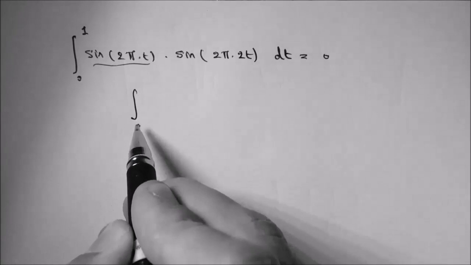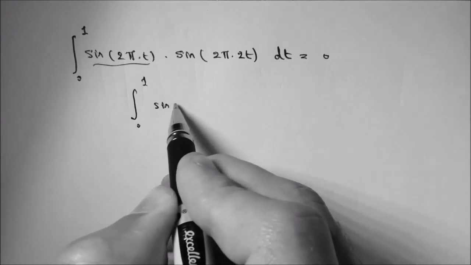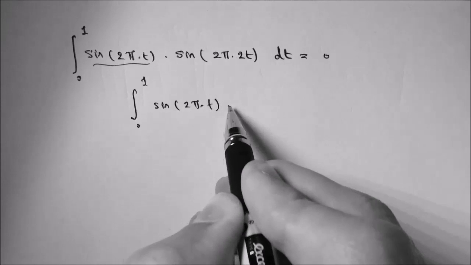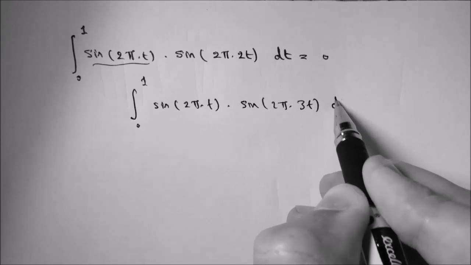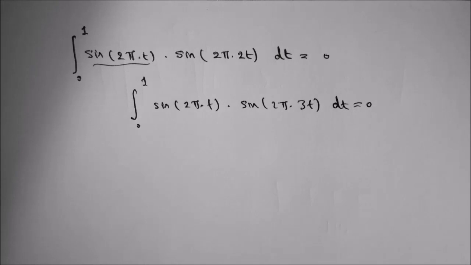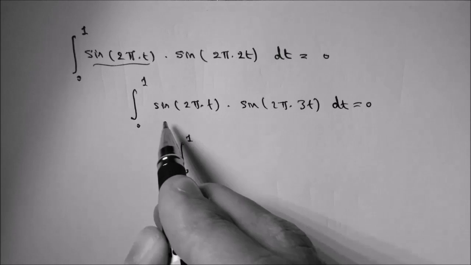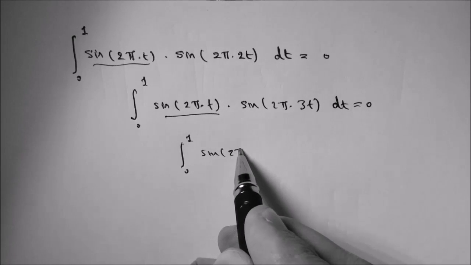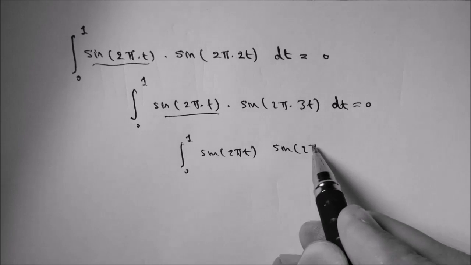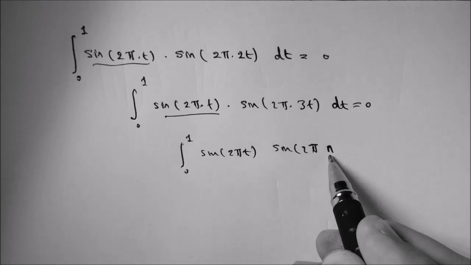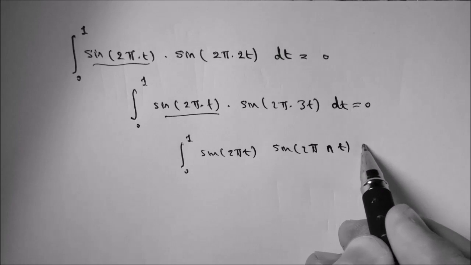So what we had earlier is that the result of this integration is 0. We also had that the integration from 0 to 1 of sine 2 pi times t multiplied by a 3 hertz sinusoidal, sine 2 pi times 3t, equals 0 as well. In fact, the result of multiplying this 1 hertz sinusoidal by any other sinusoidal that has a frequency that is a multiple of 1 hertz, say n hertz, is 0 as well.